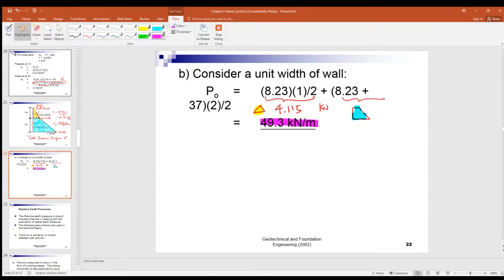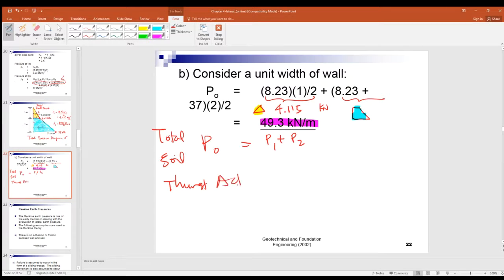In other words, P1 plus P2, right? Gives you the total soil thrust acting on the wall (49.3 kN per meter length). Is that okay?